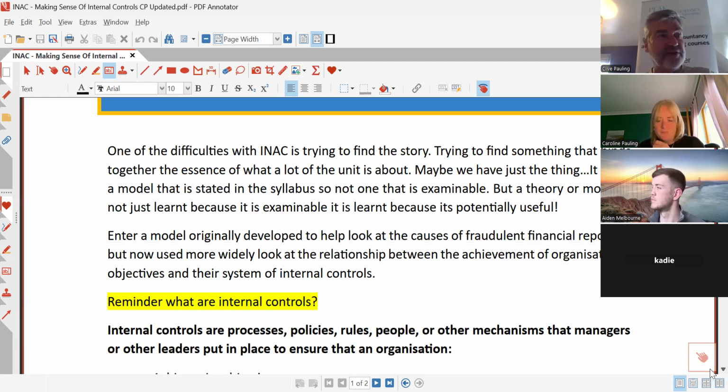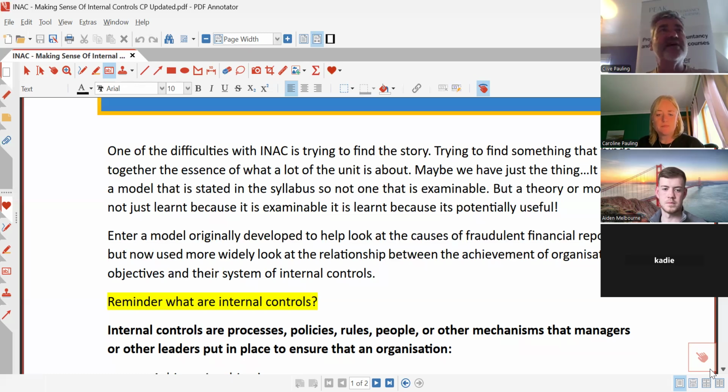I can remember when I was studying, oh God, too long ago now, when I was studying SEMA, I used to teach SEMA many years ago as well, that this model was quite central to studies at that level. But it can be applied to this particular unit within AAT, and it's called the Enterprise Risk Management Cube.